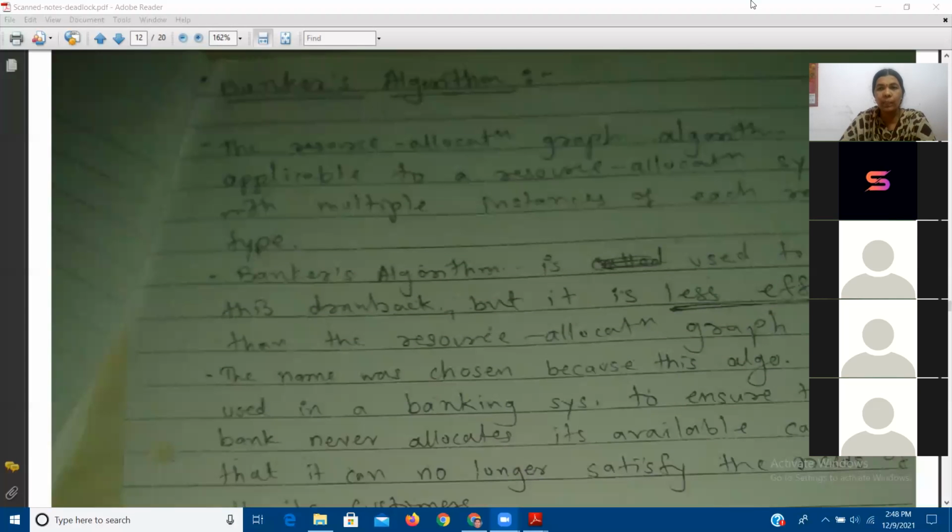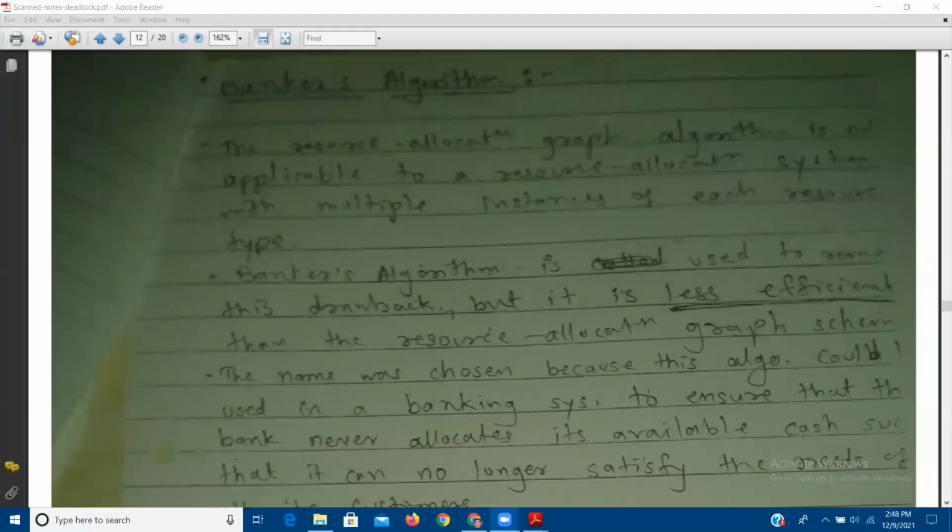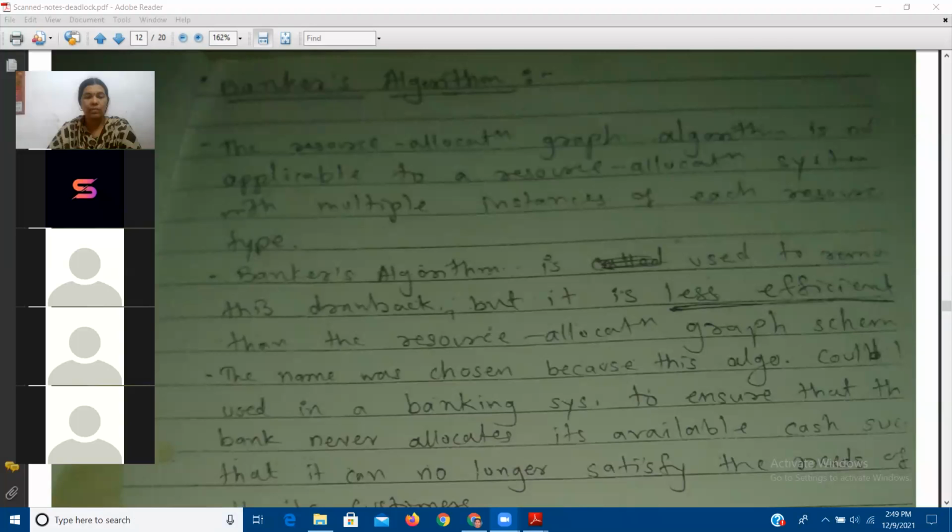Second algorithm is Banker's algorithm. Note it down. So why use Banker's algorithm?